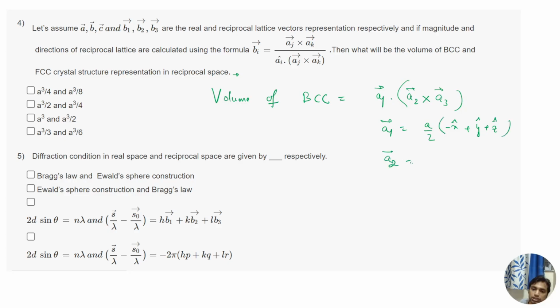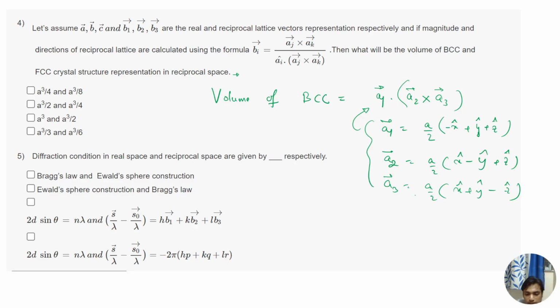Similarly, A2 is given by a by 2 x cap minus y cap plus z cap, and A3 is given by a by 2 x cap plus y cap minus z cap. Okay, now you just put all these values here in this formula, you will get a volume.